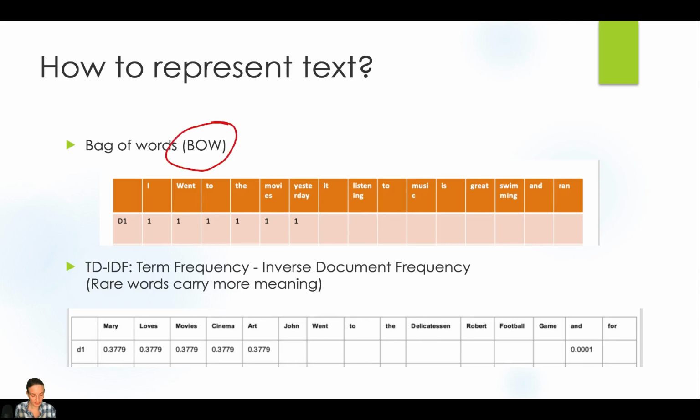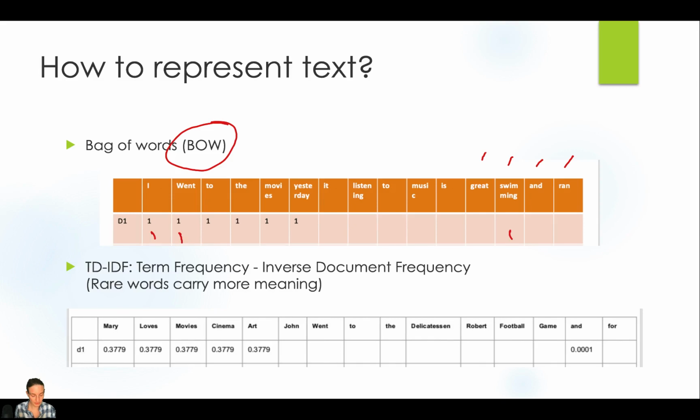In bag of words, we just have a column for each of the words in the dictionary, and we put a 1 when they occur or a 0 when they don't occur. So in this case, we're representing our first sentence, I went to the movies yesterday. Okay. If I have a sentence, I went swimming, then it would be I went swimming.